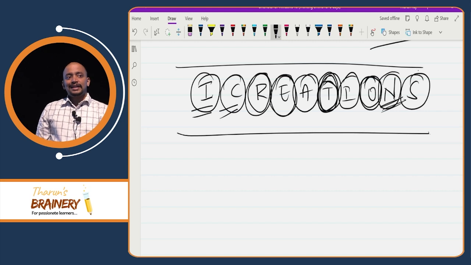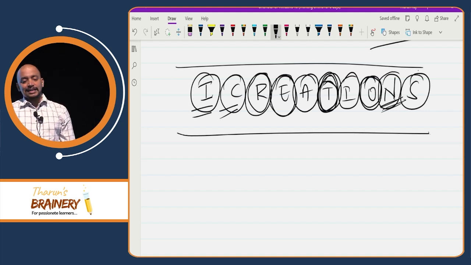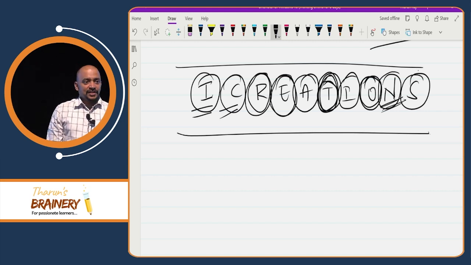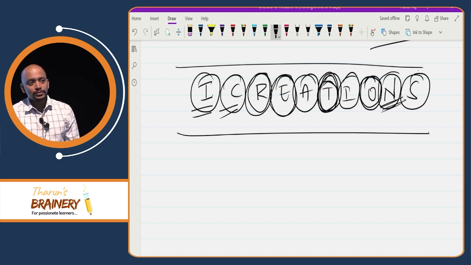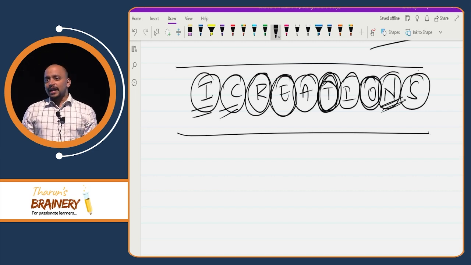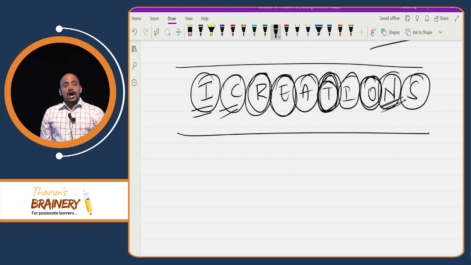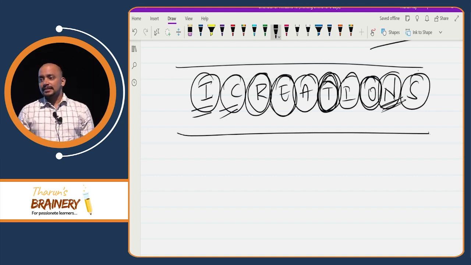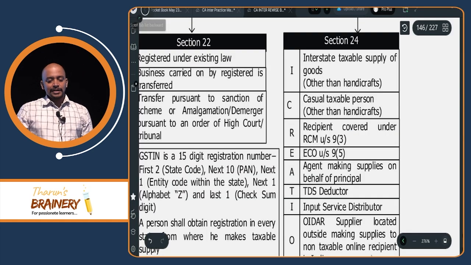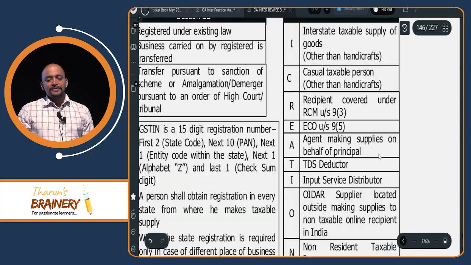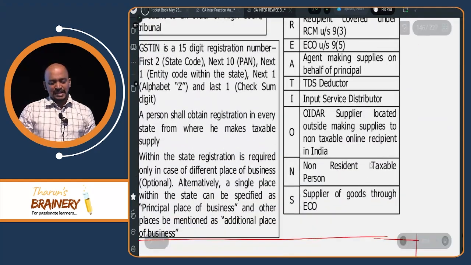T, TDS deductor. Another I, input service distributor. O, OIDR supplier located outside India making supply to non-taxable online recipient in India. N, non-resident taxable person. Then yes, supplier of goods through e-commerce operator. So these are the cases where compulsory registration is applicable.